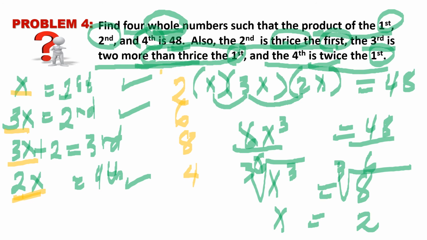The 4 whole numbers are 2, 6, 8, and 4. Let's see if multiplying the first, second, and fourth will give us 48. 2 times 6 is 12, times 4 is really 48. Therefore, 2, 6, 8, and 4 are the correct whole numbers.